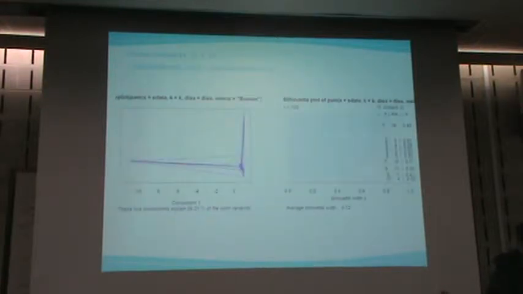Then we use the new keyword to reduce the cluster, and then we got a new result. These two components explained 56% of the point variability, and the average silhouette width is 0.72.